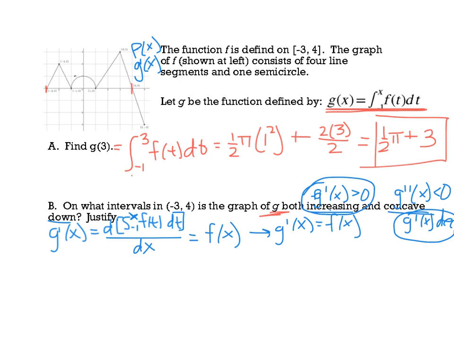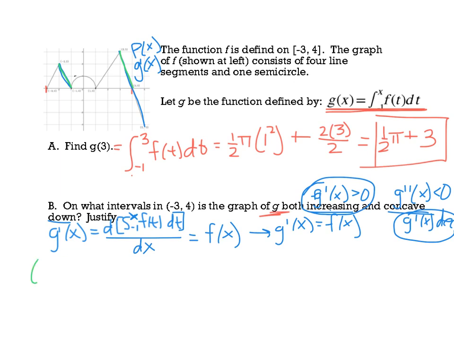So let's first look at decreasing. This g prime of x is decreasing here and here. However, it is positive here and here.